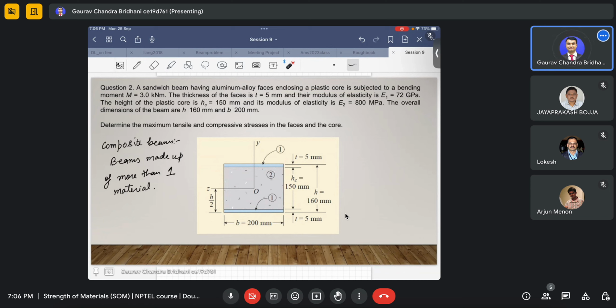Okay, so there are various reasons why we use sandwich beams or basically composite beams. Most of the time it is for the purpose of strengthening. Sometimes, in this case, our plastic beam, which is the core, is very good in shear.